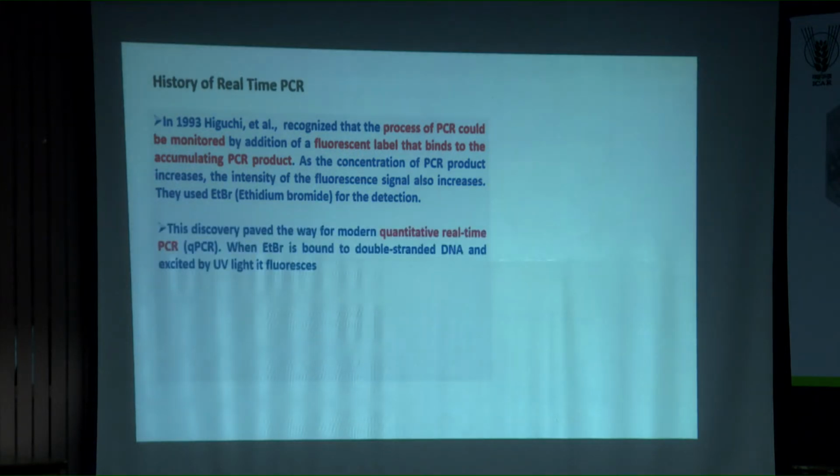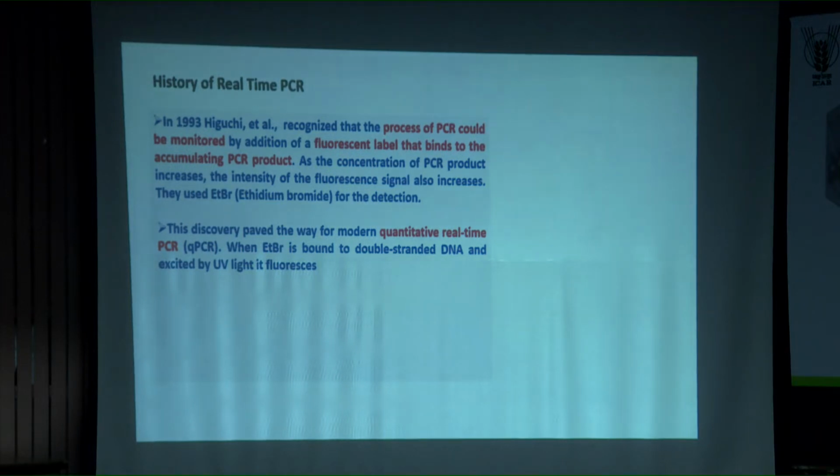So this discovery paved the way for modern-day quantitative real-time PCR. The only innovation we brought here is we stopped using ethidium bromide. We replaced it with a dye which is much safer in biological laboratories.